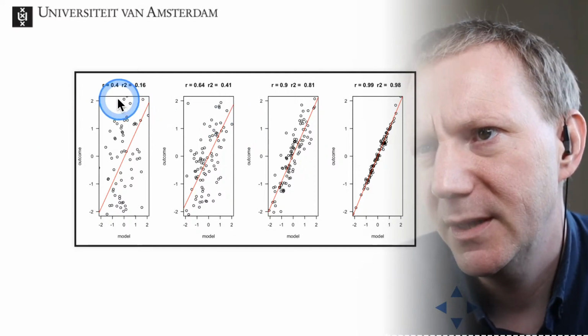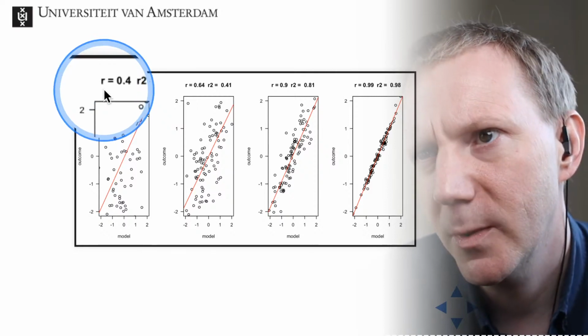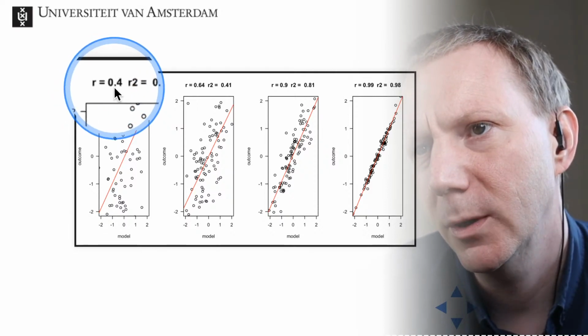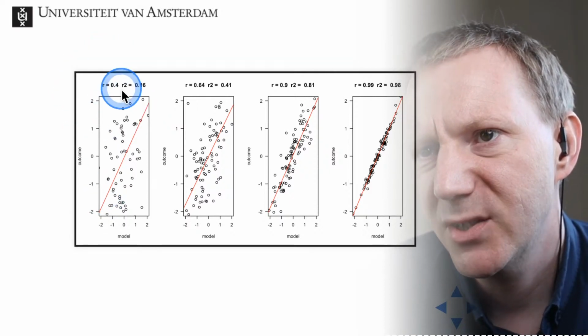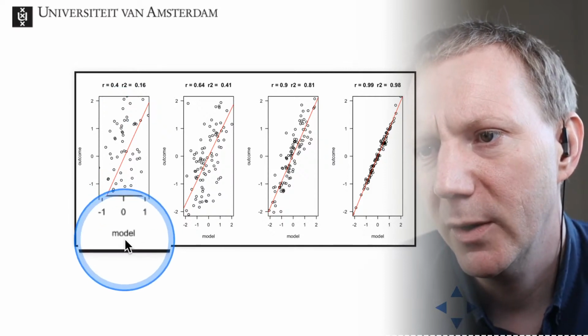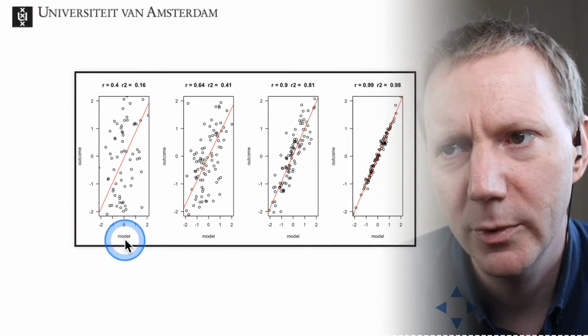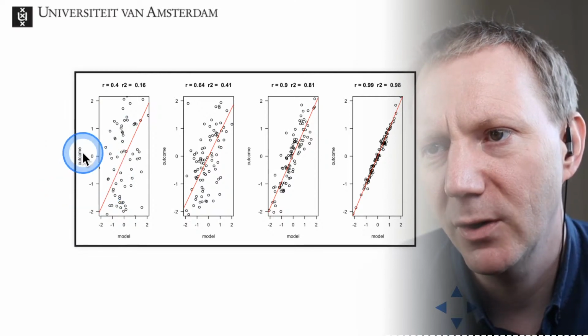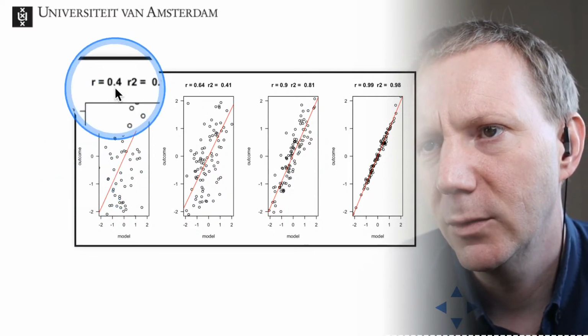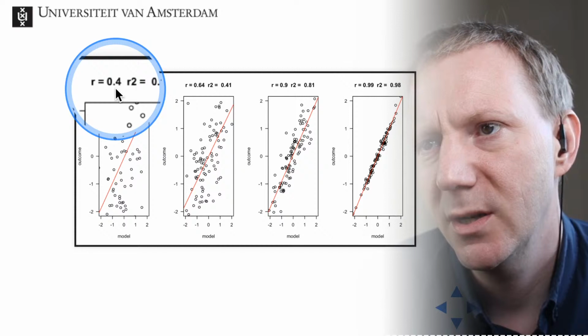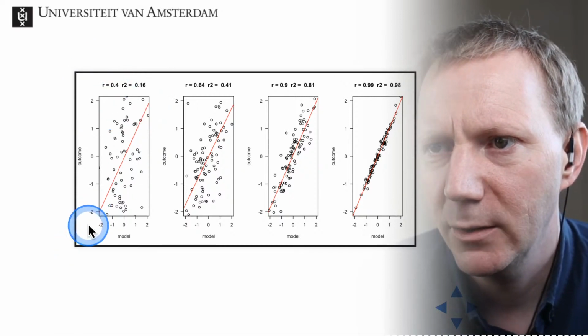If you look at the first one, we have a correlation of 0.4. That's the correlation between the score that the model predicts and the actual outcome. Of course, a correlation of 0.4 is not really that high, and you see that also.